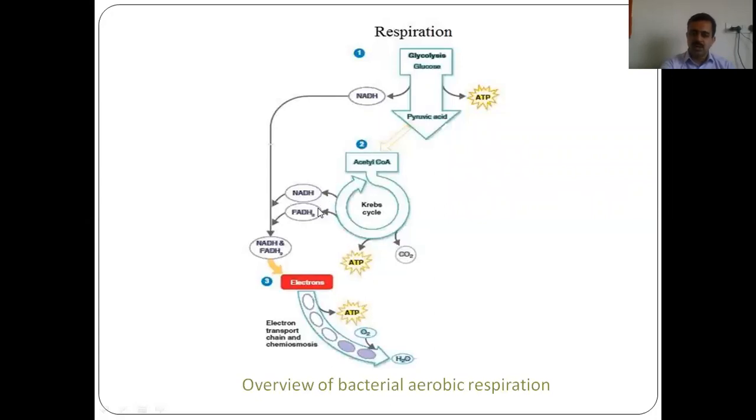High energy compounds like NADH and FADH2 are generated, and these are funneled into the electron transport chain, wherein again ATP is generated, oxygen is used, and ultimately water molecules are released. So the overview of bacterial aerobic respiration is that it is a process in which ATP is generated with the help of oxygen. Oxygen is the terminal electron acceptor, and therefore water molecules are generated.